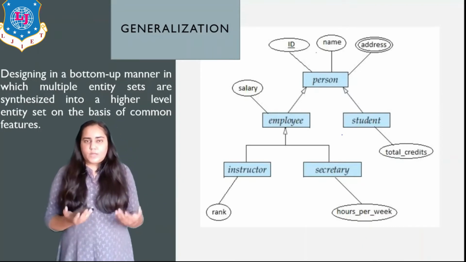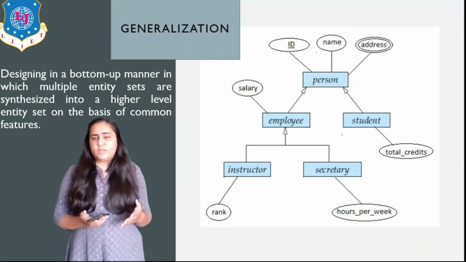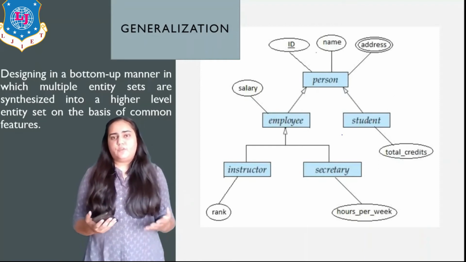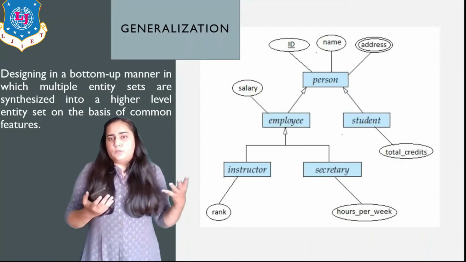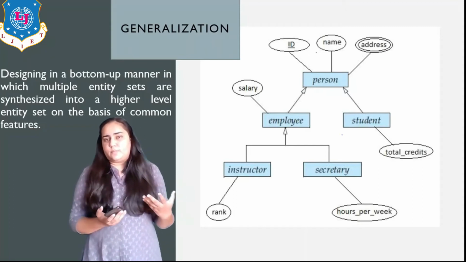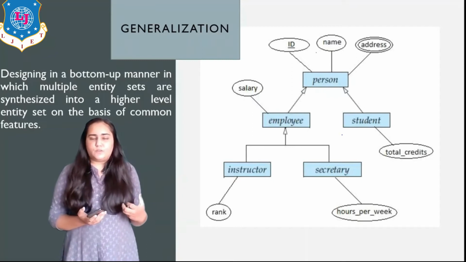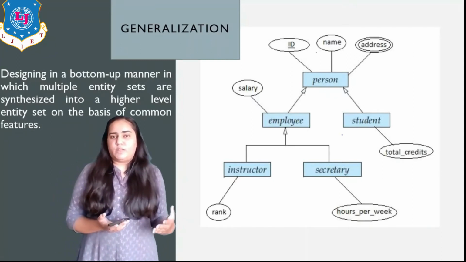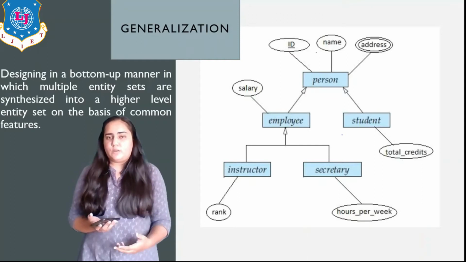But when you look at those, you realize that student and employee have a lot of common attributes. If you create a diagram, it would be really big because you're repeating so many attributes.